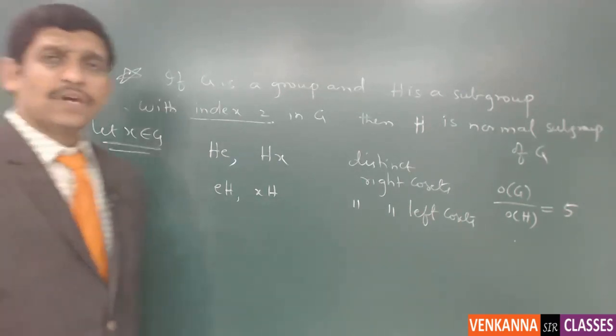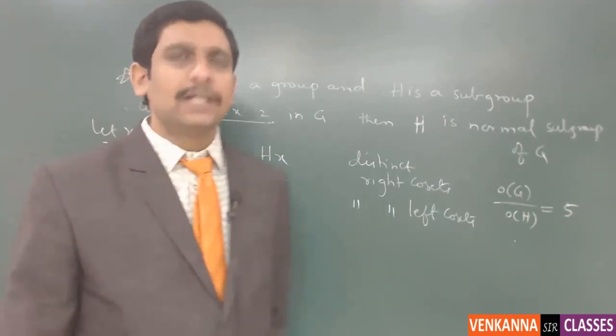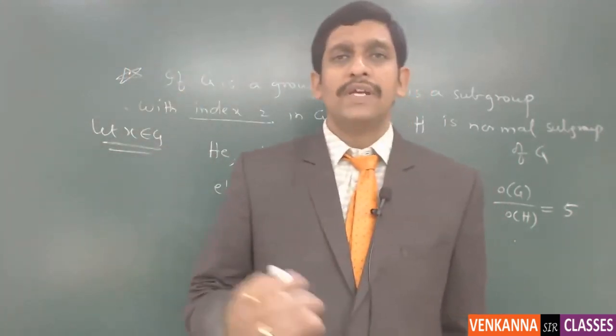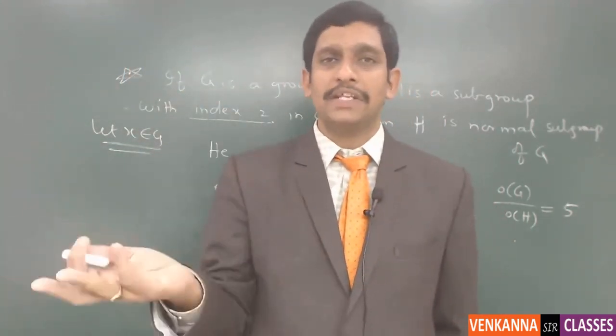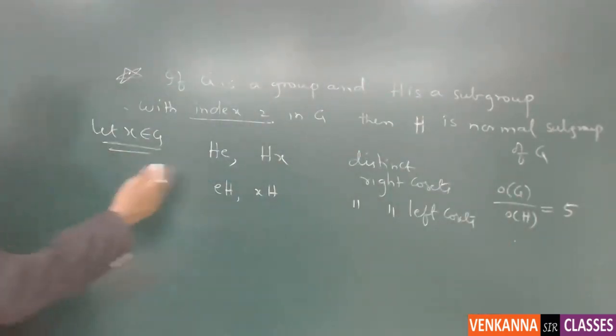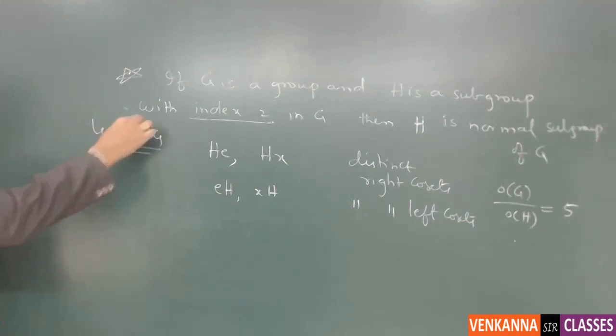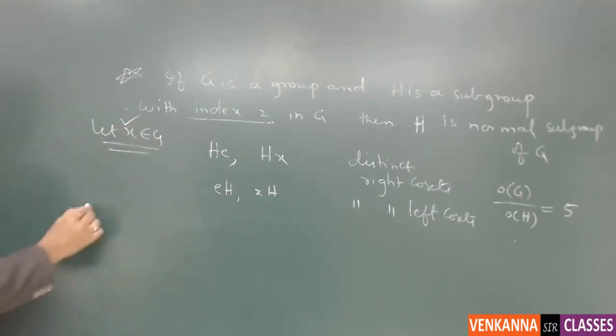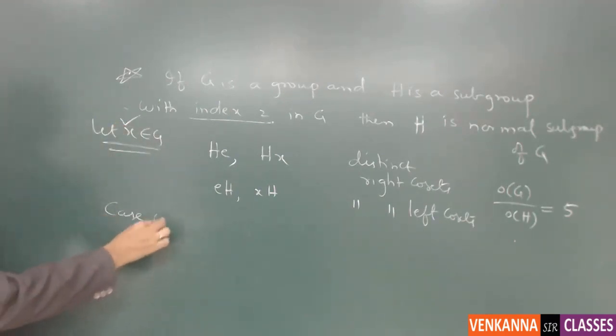Now, as one of our friends asked earlier, can we always take X beyond the set H? There is no need at all. While calculating the coset, I have taken X belongs to G. So here you will get two cases.